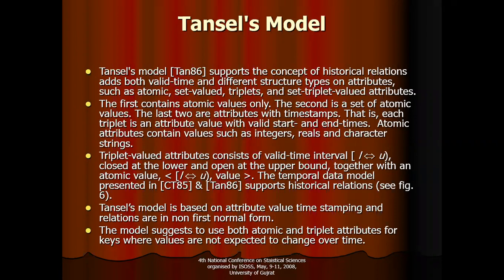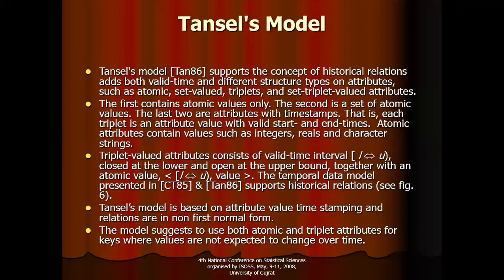Tansel introduced this model in '86, and it supports the concept of historical relations, adds valid time, and different structure types on attributes such as atomic, set valued, triplets, and set triplet valued attributes. So he introduced a totally new concept, which was not introduced by anyone else: various new types of attributes.